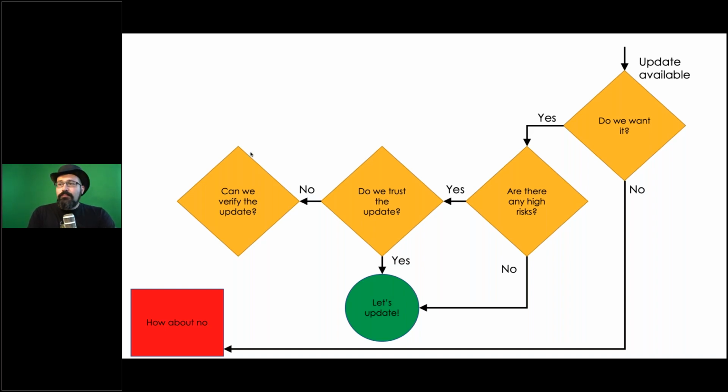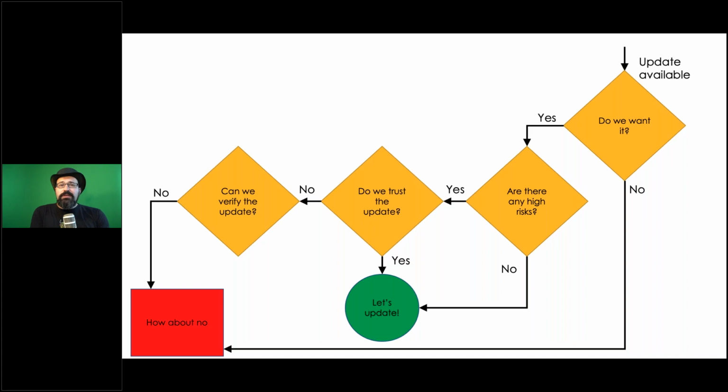Now, sometimes we just can't. For example, with Java, testing our entire production system with a new version of Java takes more than half a year, and there is a new version of Java every half a year, so probably some versions we won't even bother.